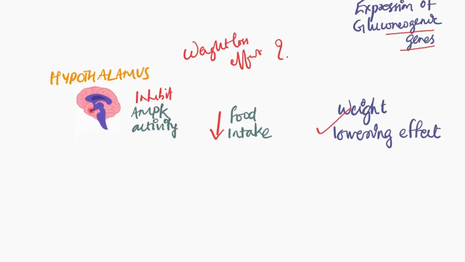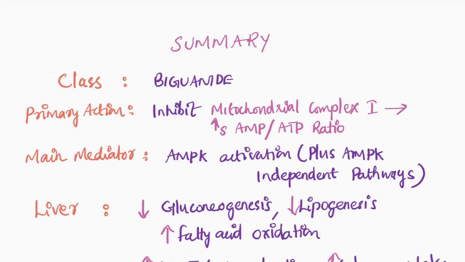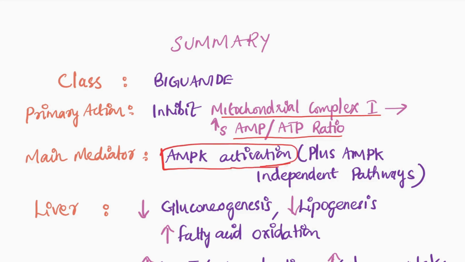So, in this video, we found the mechanism of action of metformin, and we have seen that metformin comes under biguanides, and its primary action is inhibiting mitochondrial complex 1, and this causes a disruption in the AMP ATP ratio, and the main mediator is AMPK activation, and it also acts through AMPK independent pathways.